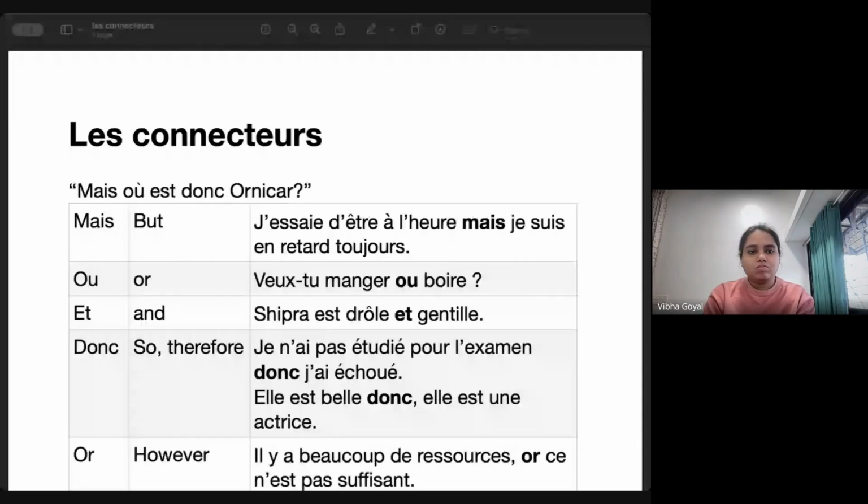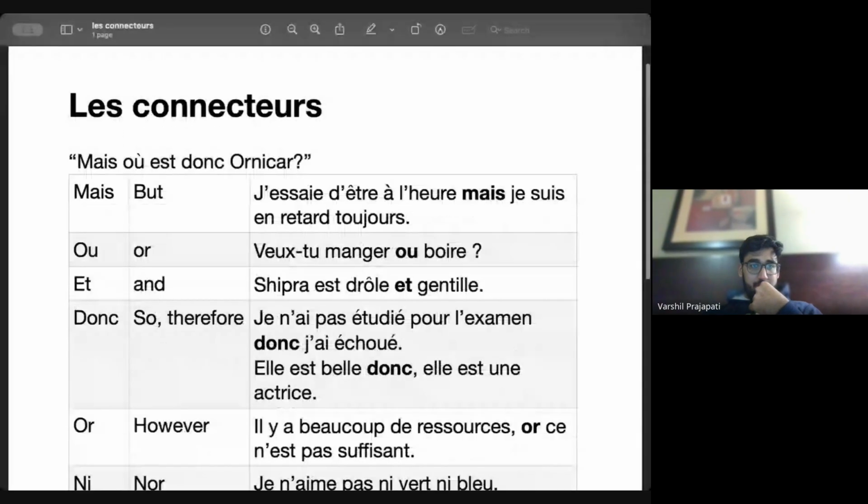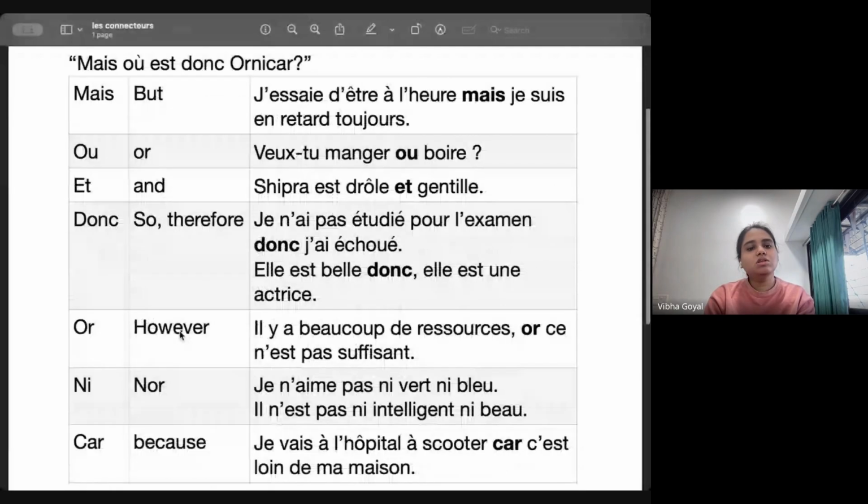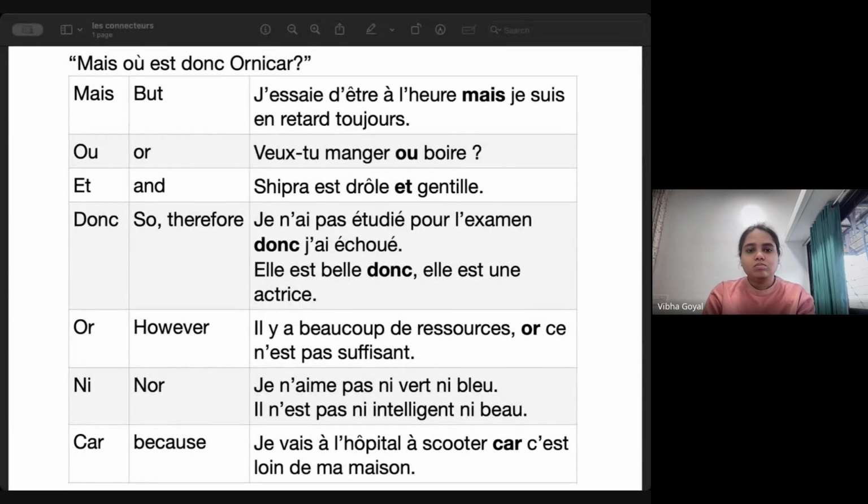Can you see it? Yes. Okay, use these as well. You can use or. We will have such a list later.